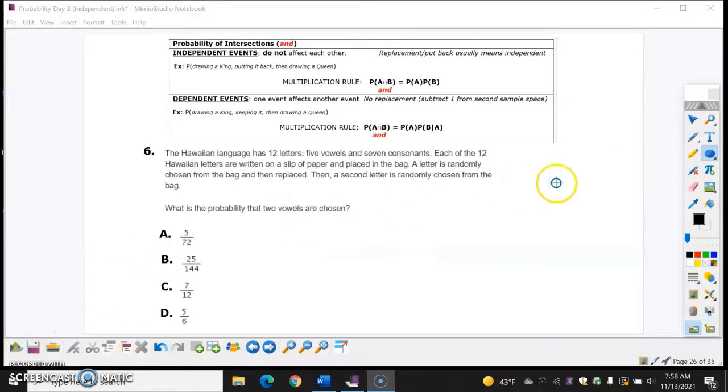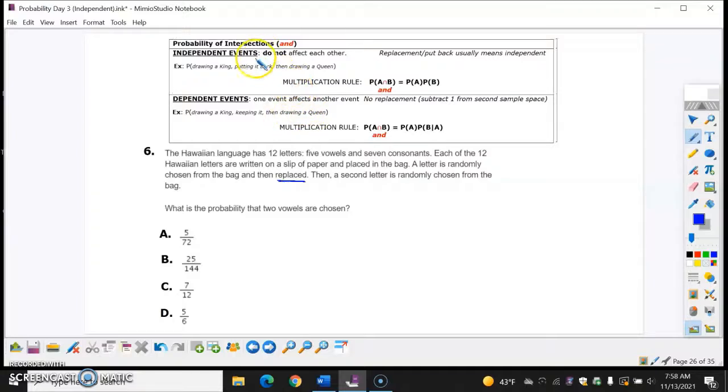The Hawaiian language has 12 letters, 5 vowels, and 7 consonants. Each of those 12 letters are written on a slip of paper, put in the bag, and a letter is chosen from the bag, and then replaced. Very important word, replaced there. If the letters are replaced, does that mean it's independent or dependent?